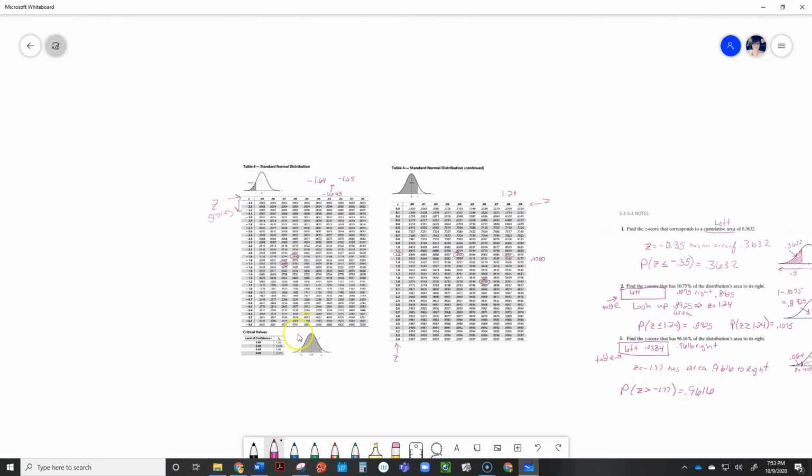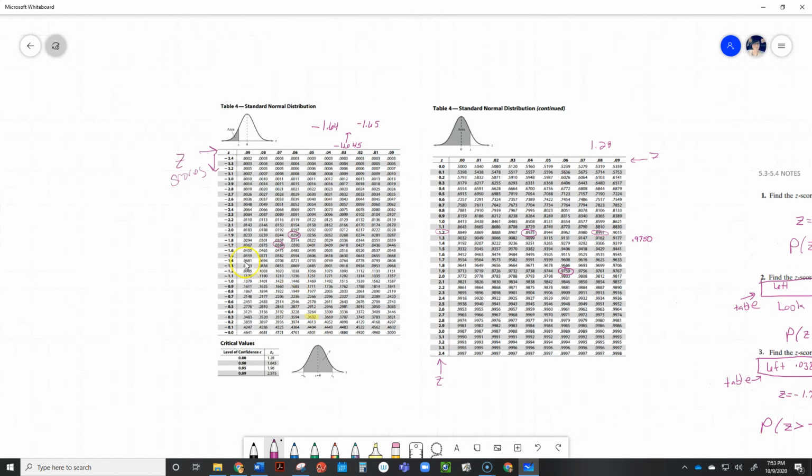Come over here and look up negative 1.41, which is 0.0793. So take those two numbers and subtract them. 0.9750 minus 0.0793, and the answer is 0.8957.